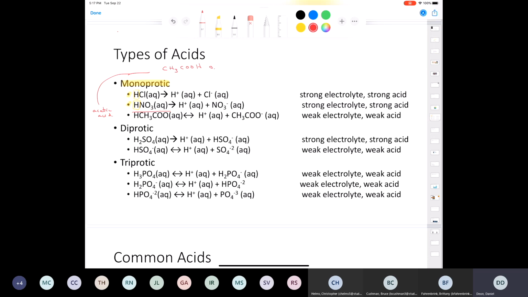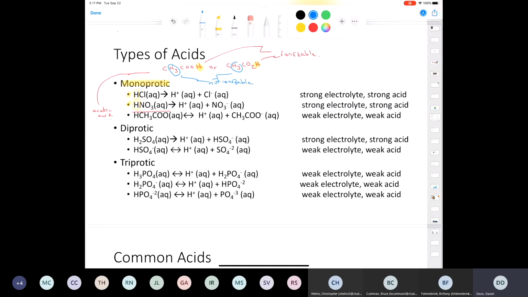okay? Sometimes you'll see it written like this, a little bit more condensed, CH3CO2H. And what I want you to understand is that the proton that's on the very end there is the ionizable proton, okay? The protons that are attached to the carbon, these three protons, are not ionizable.